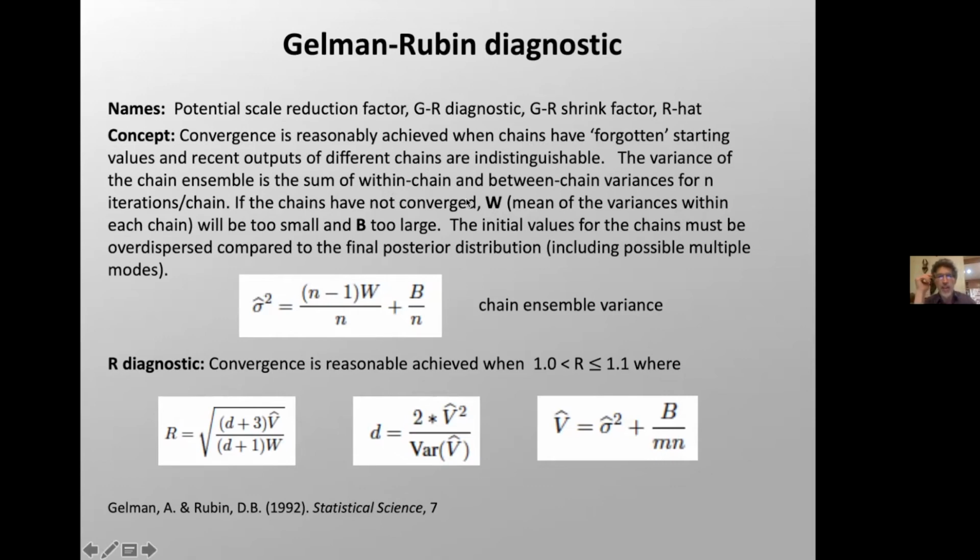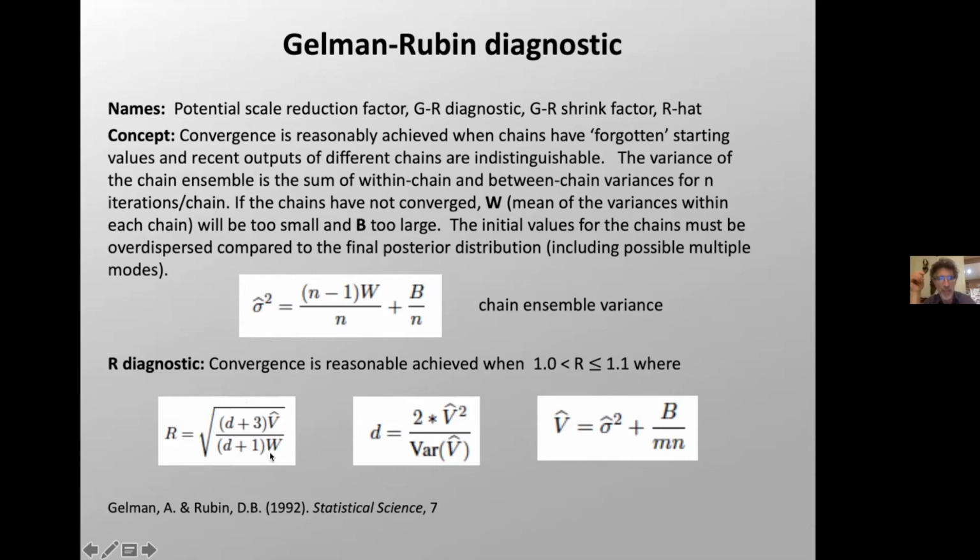So we have a within chain variance and a sum of within chain variances and a between chain variance, and you want them to converge. And so this is the ensemble variance and the diagnostic that they recommend, that should approach 1.0 when you have converged, involves this R, that's the diagnostic, should be 1. There's the dimensions of the problem.